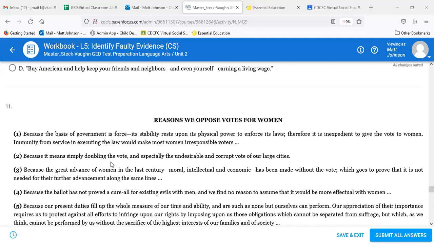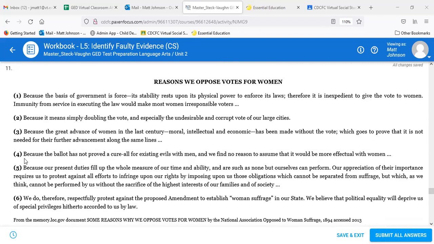Because the great advance of women in the last century, moral, intellectual, and economic, has been made without the vote, which goes to prove that it is not needed for their further advancement along the same lines. Because the ballot has not proved a cure-all for existing evils with men, and we find no reason to assume that it would be more effectual with women.